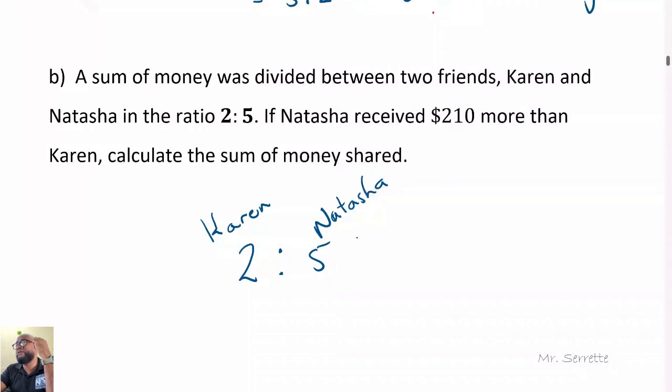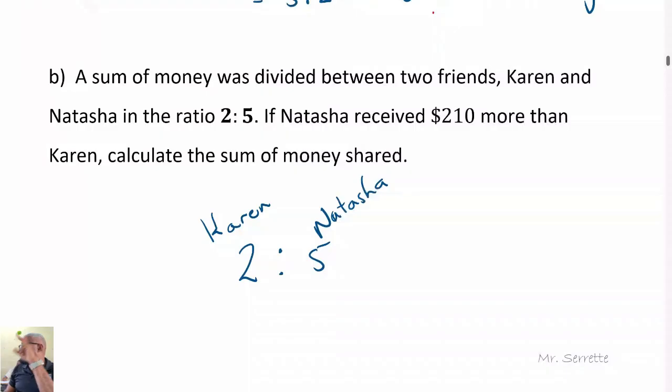Now it says, if Natasha received 210 more than Karen, calculate the sum of money shared. That's how much more money Natasha received. So we need to equate this to the amount of parts more that Natasha would receive.